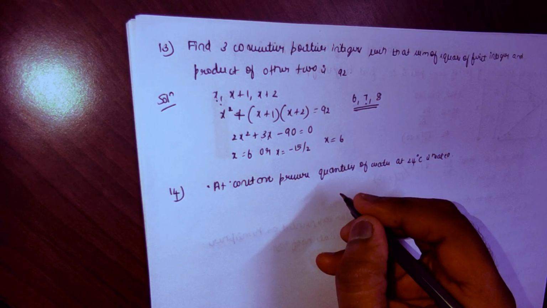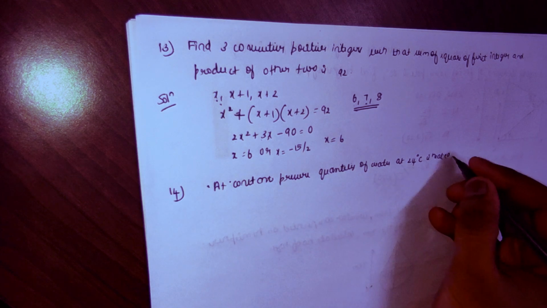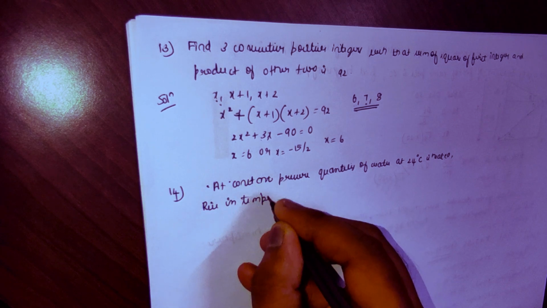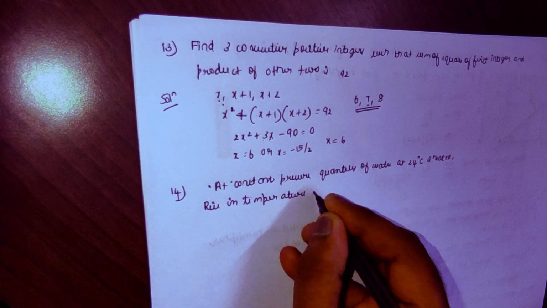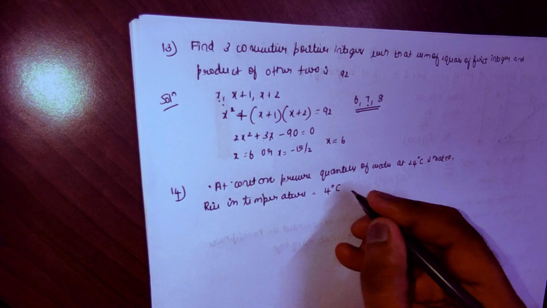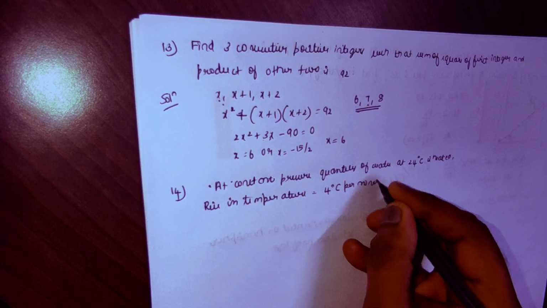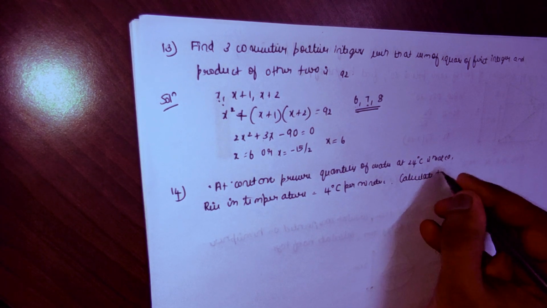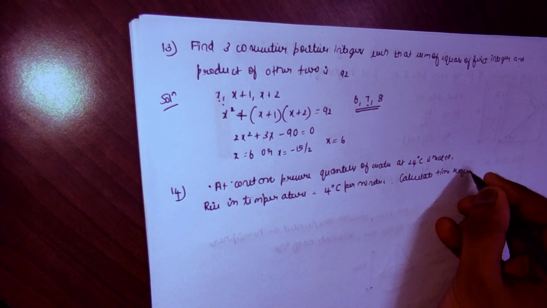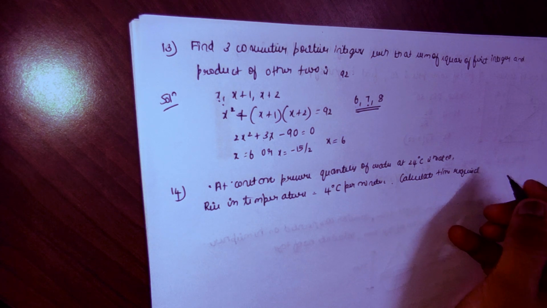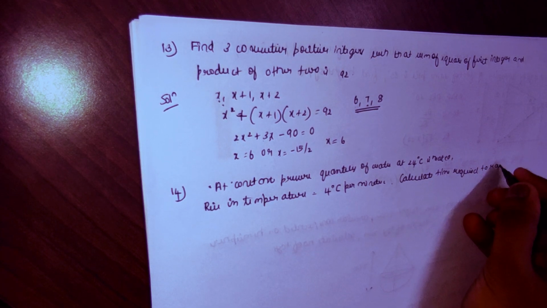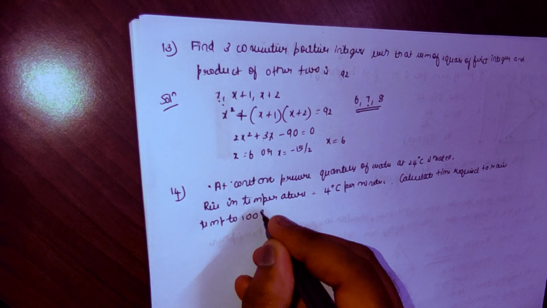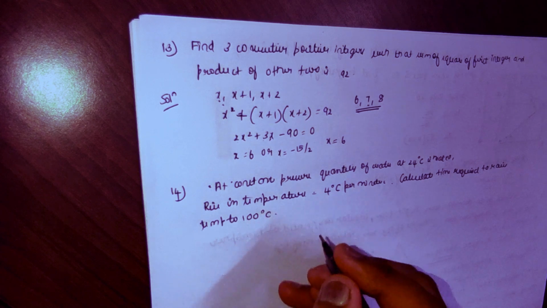It was observed that the rise in temperature was found to be 4 degrees Celsius per minute. Calculate the time required to raise the temperature to 100 degrees Celsius at sea level.